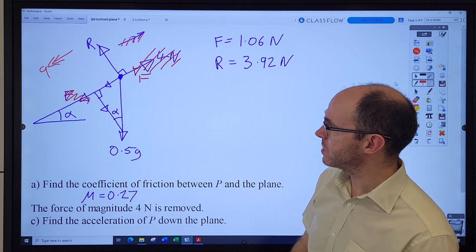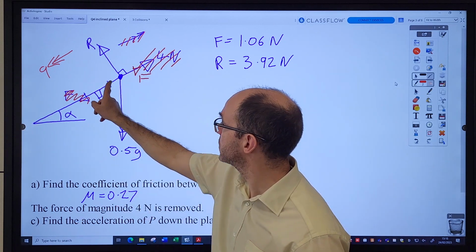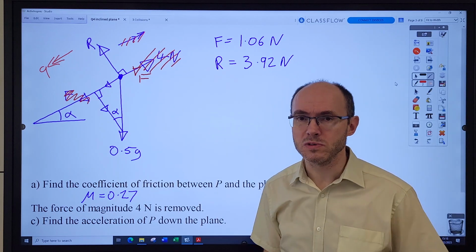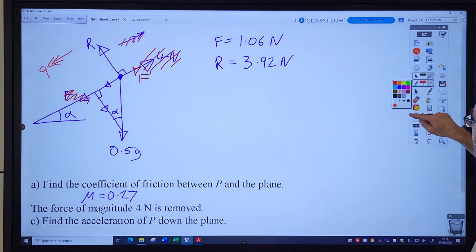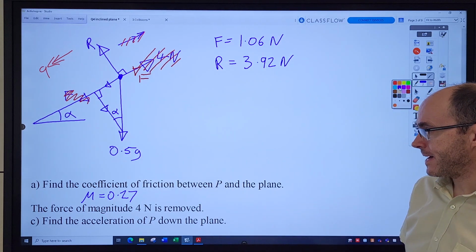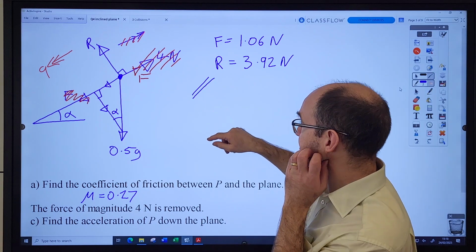So to recap, it's moving down the slope. We've got to find the acceleration. Frictional force will be the opposite direction, and of course there's no 4 newtons. So back to my preferred writing colour, back into blue. We've got to set up an equation of motion again, using forces.